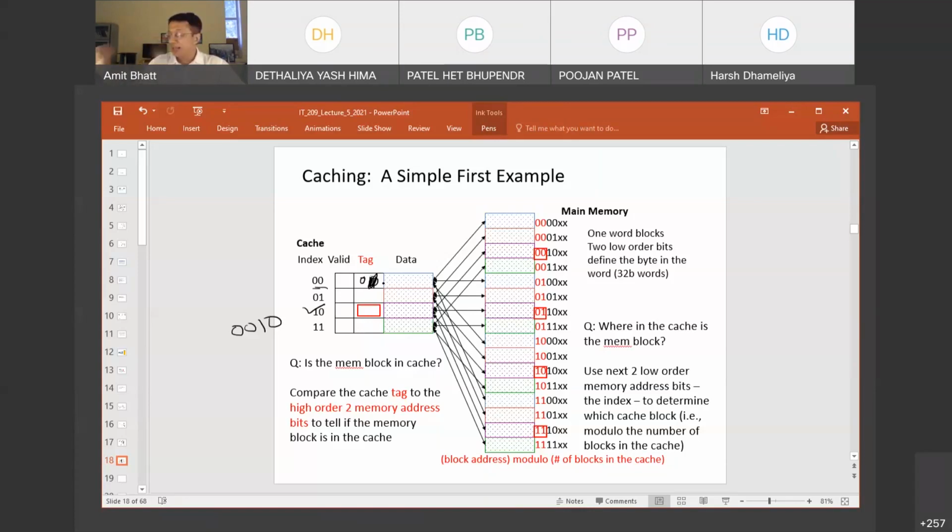You're asking for 4 instructions, your program is jumping from 0000 to 0100 to 1000 to 1100. All 4 of them could have sat here if there was free sitting, since there are 4 locations over here. But no, that's not allowed. They can sit only in one location, because they share the same index. That's the unfortunate part.